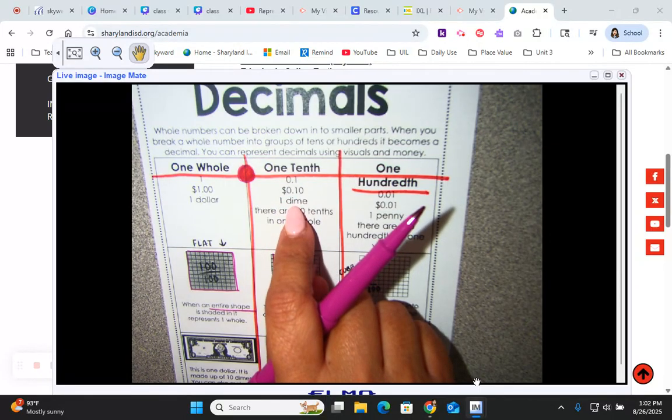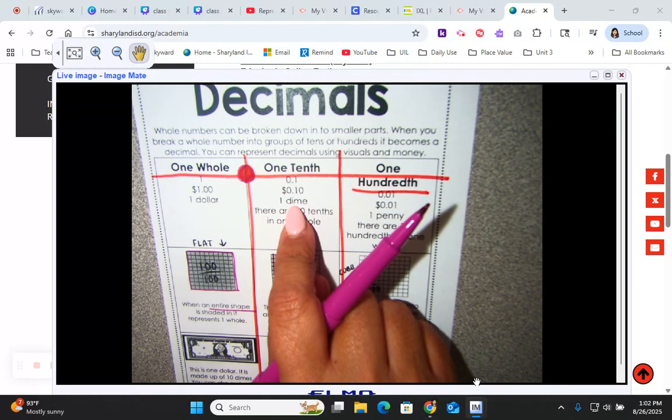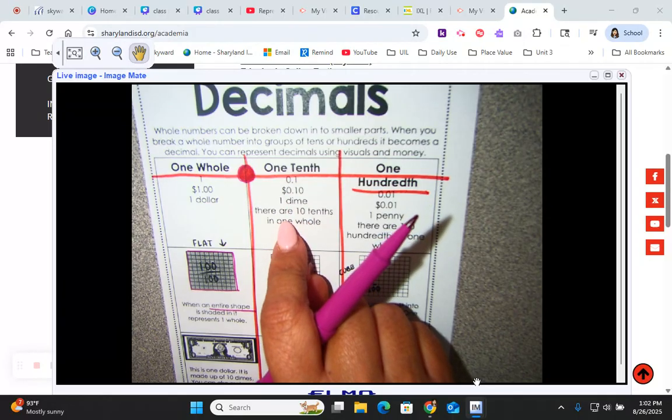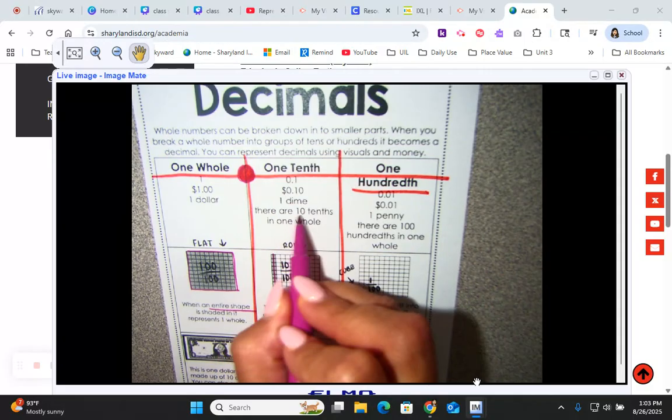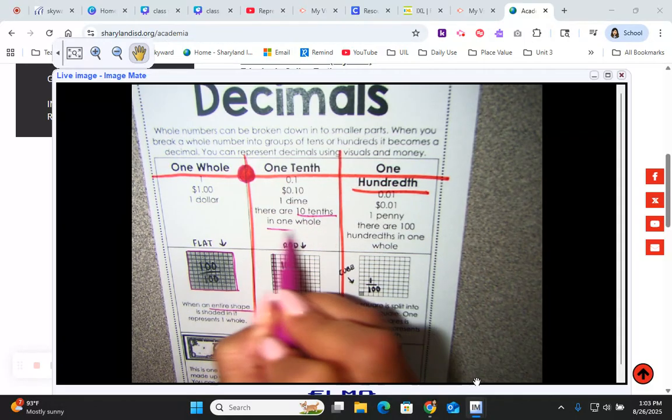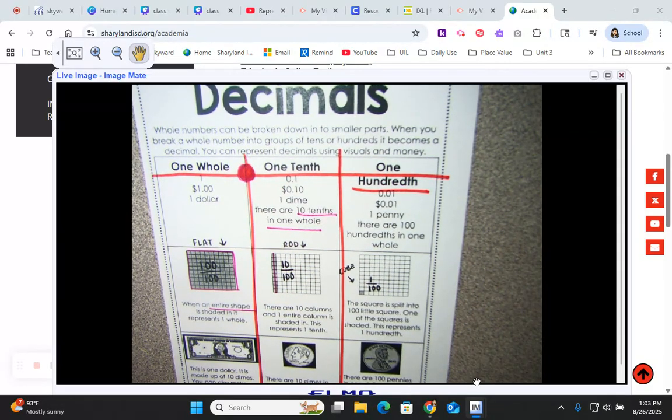With words, it can be 1 dime. Because when you go to the store, they're not going to say, do you have a tenth? They're going to say, do you have a dime, right? But in your head, you're going to make that connection. You're going to be like, I'm super smart. I know that that's also 1/10. And this reminds you that there are 10 tenths in one whole.